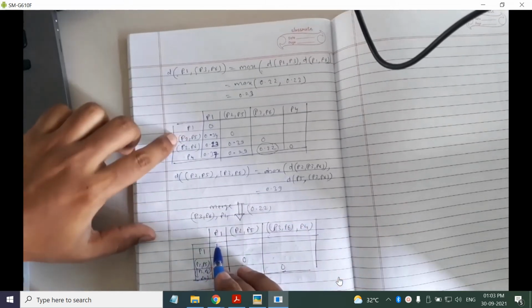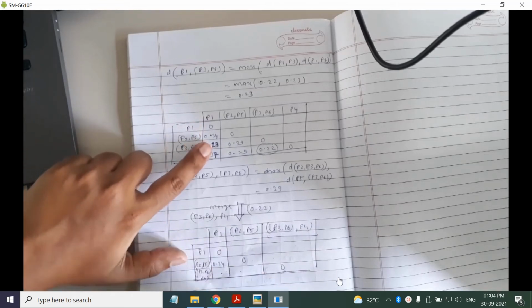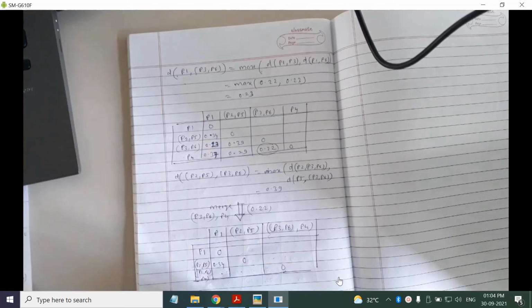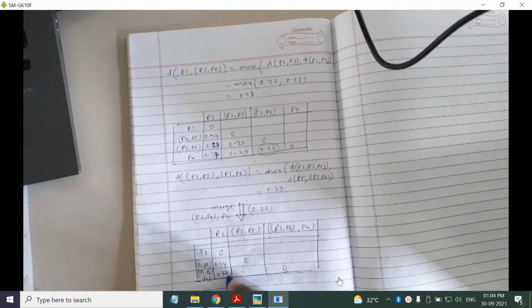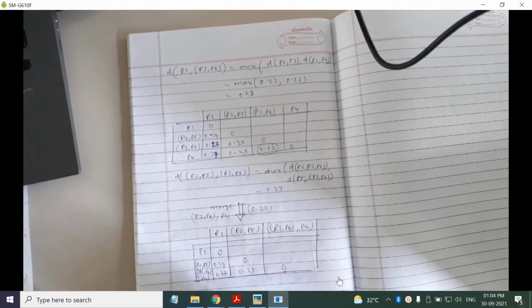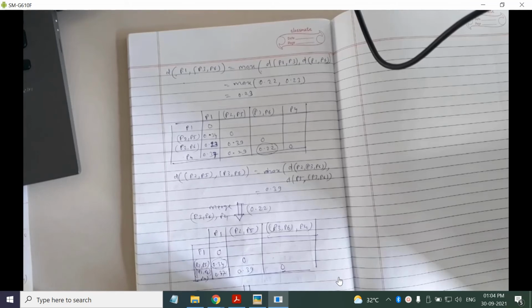The distance of P1 from P2 P5 will remain the same, that is this one. Next you have to calculate this. It will come out to be 0.37 and 0.39. Now here the least distance is this one, so merge it.